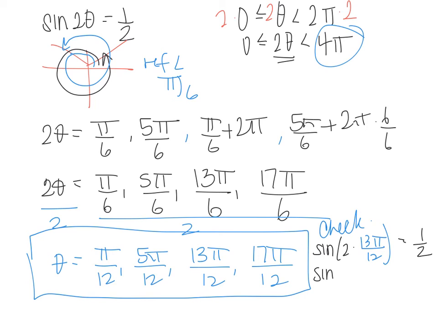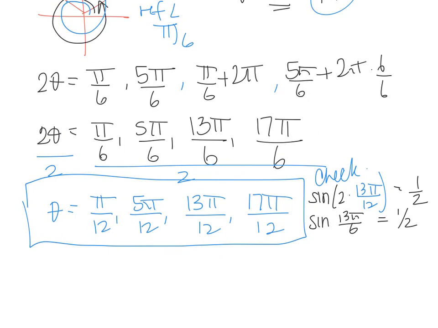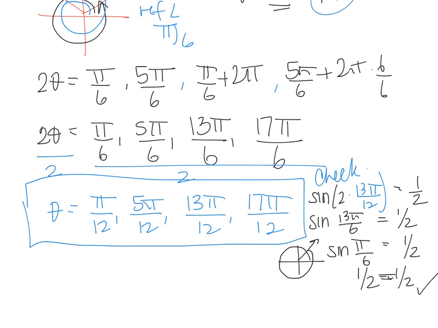The sine of 13 pi over 6 is equal to a half. We know that the sine of 13 pi over 6 has a coterminal angle with pi over 6, and 1/2 is equal to 1/2. See, that was messy. So your choice on the method that you'd like to use to solve these multiple angle equations. I actually kind of like this one better, but the choice is yours.